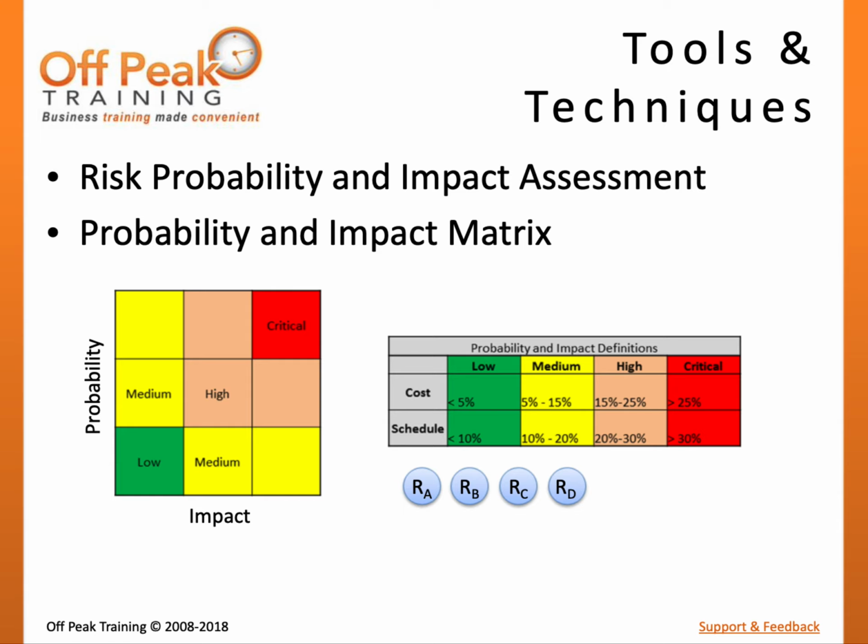After completing the assessment, a tool known as a probability and impact matrix can be used to help understand the relative importance to the project. The purpose of this matrix is to provide a visual representation of the combined effect of the 2 major influences to the assessment of a risk event: probability and impact.